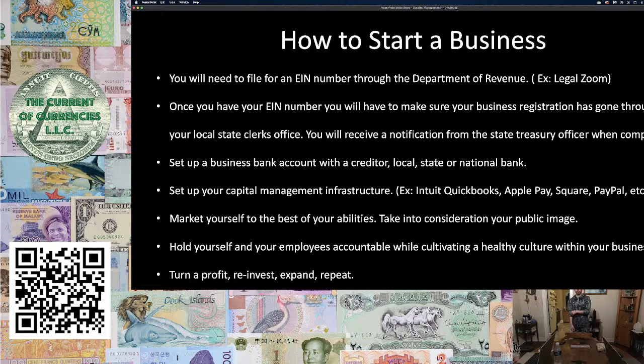So public relations is going to be a huge thing, especially if you want to be the head of a business. You have to hold yourself, and your employees if you have them, accountable while cultivating a healthy culture within your business. The one thing that I hold above everything, especially if you are growing a business, is what the culture of your business is. I can't tell you how many companies I've worked for where I thought, this is a toxic environment. The management's lazy.